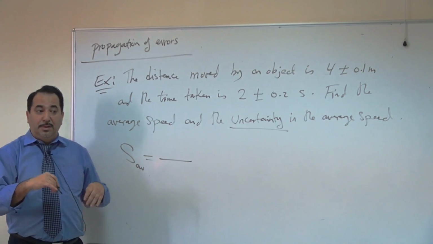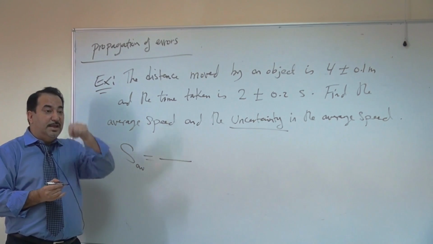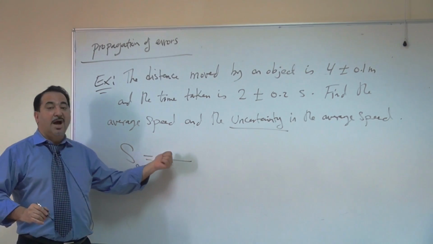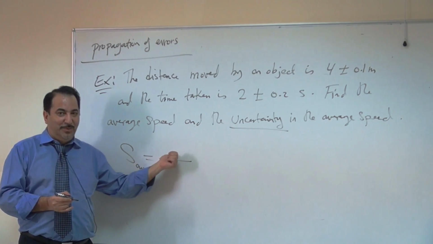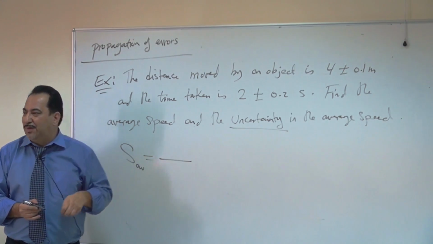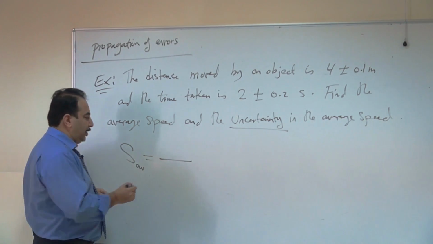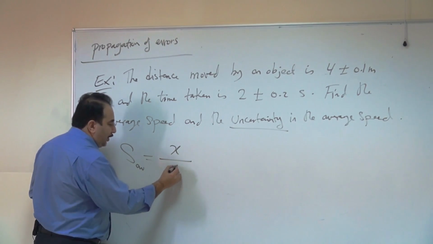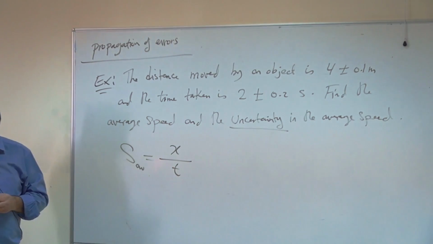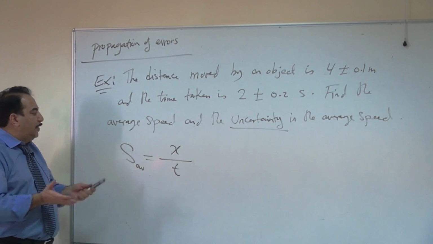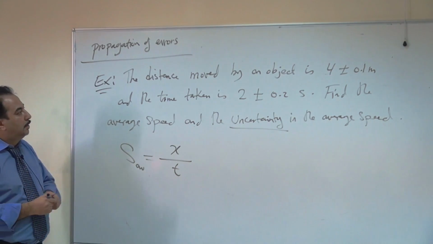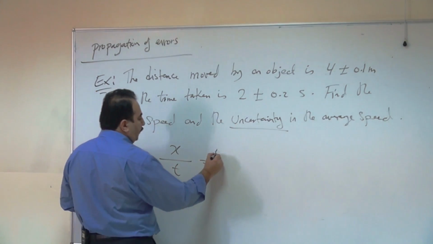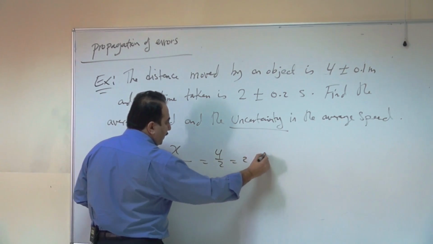Now, during the course, I'll use D for distance, but here I'll avoid D because D, I use it for the sign of derivatives. So be careful, yeah? I'll put X over T. Okay. Now, what's the average speed? 4 over 2, which is 2 meter per second.